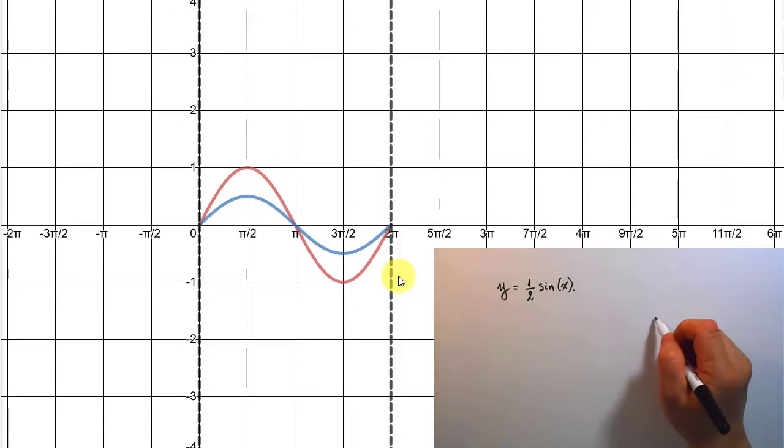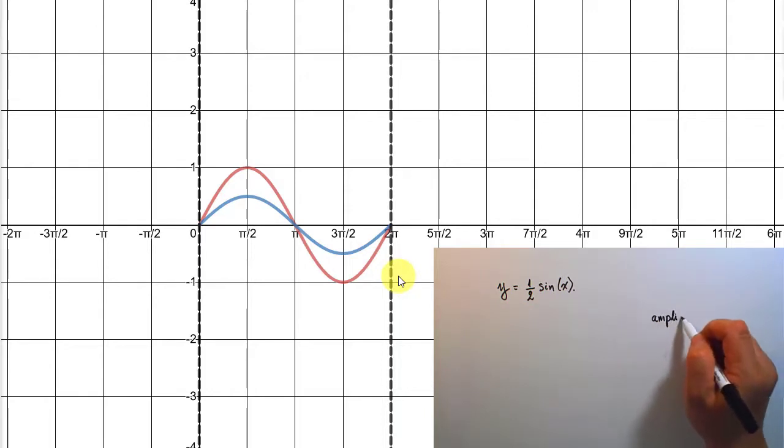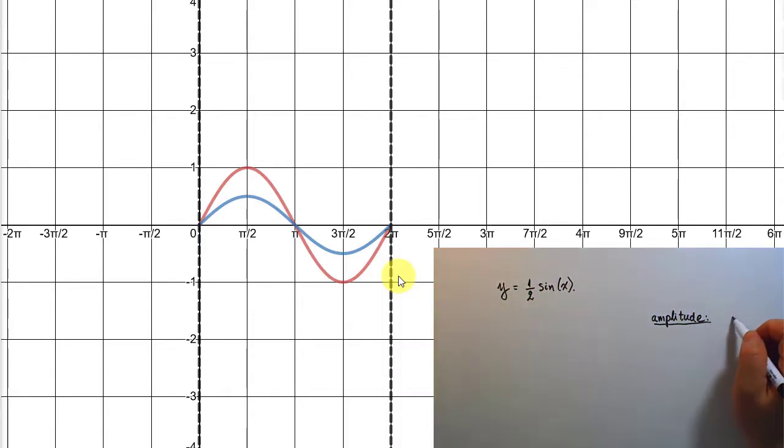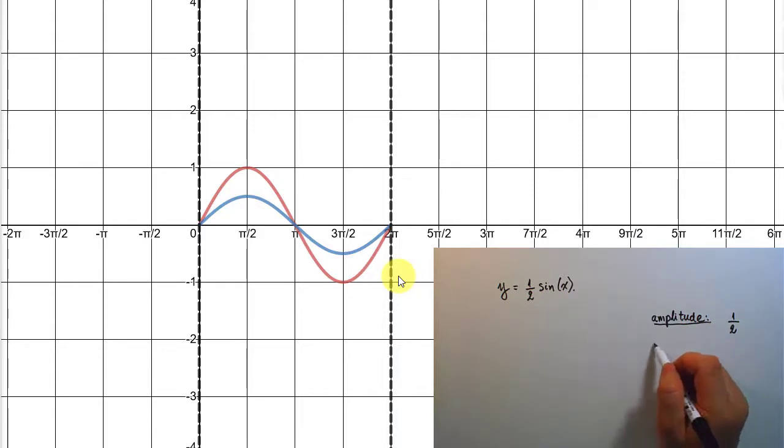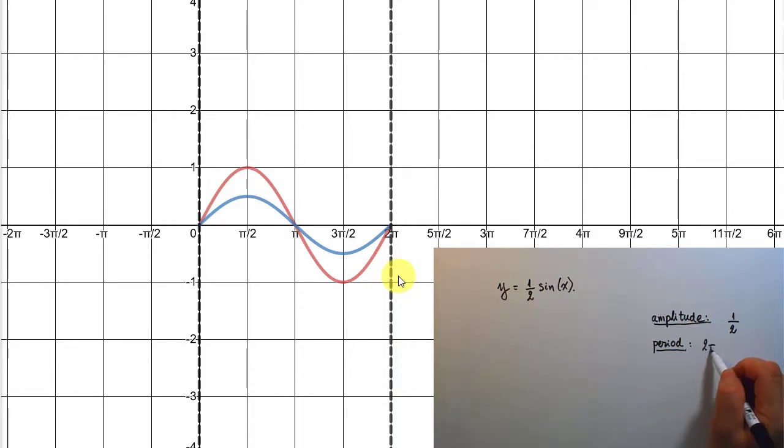The amplitude for 1/2 sine of x looks like only 1/2, and the period remains the same from observing our blue graph, being 2 pi, and the center line remains the same again, the line y equals 0.